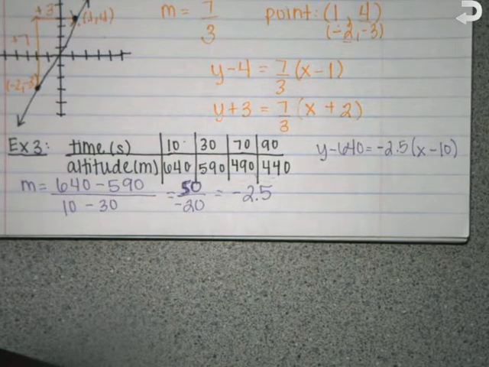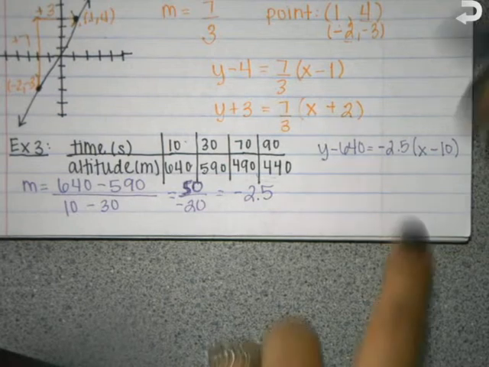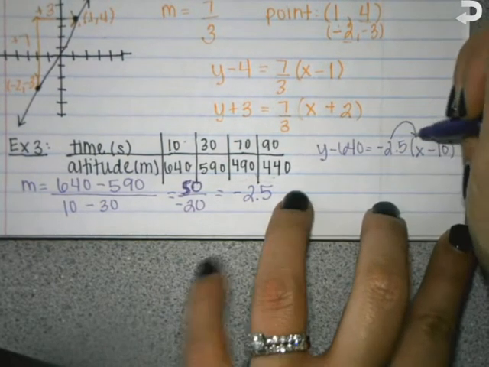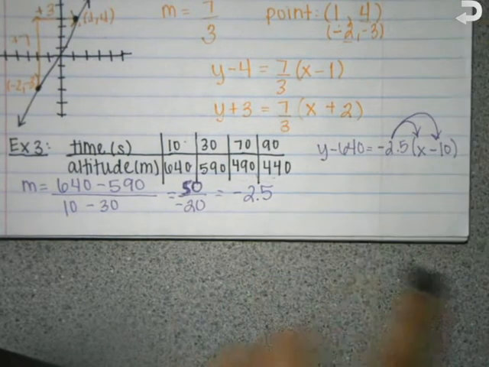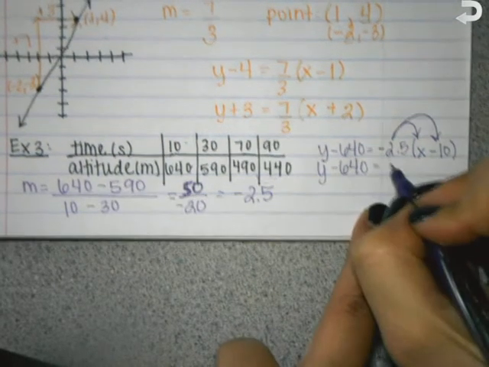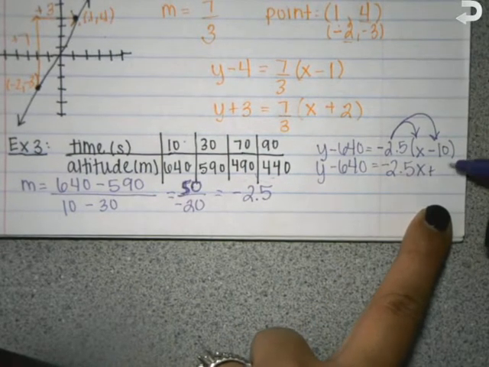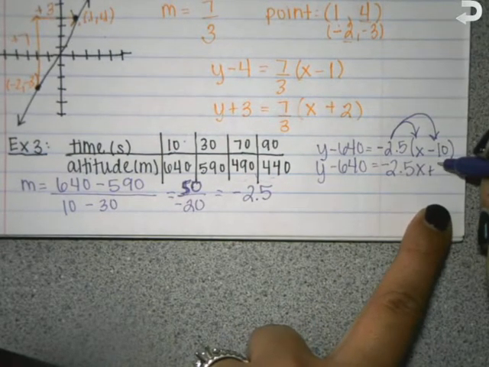Does this tell me any of that? So can I write this so that it is in slope-intercept form? Yeah. Distribute. Negative 2.5x plus 2.5 times negative 10 gives me positive 25.